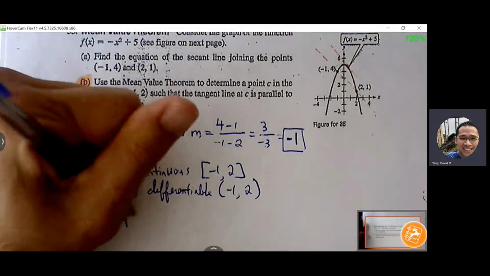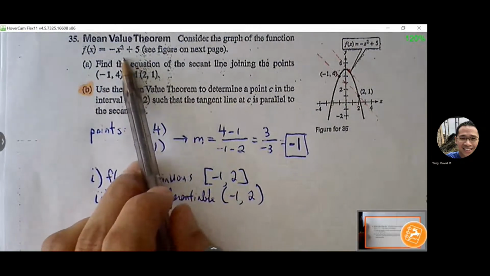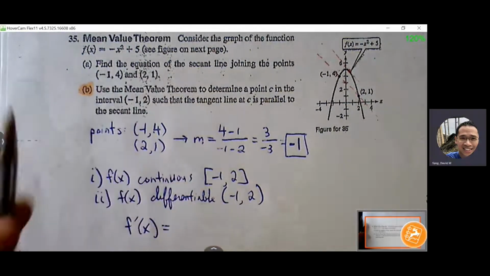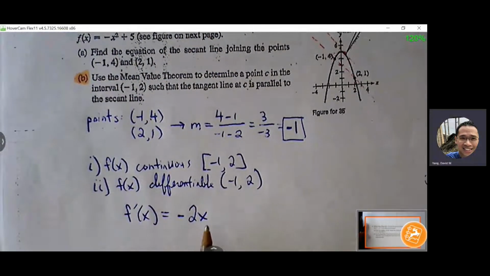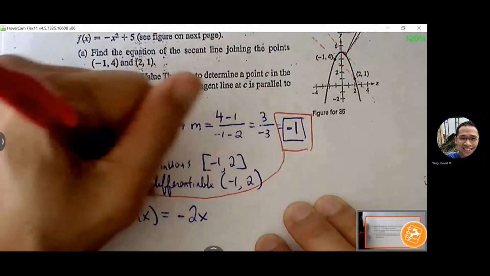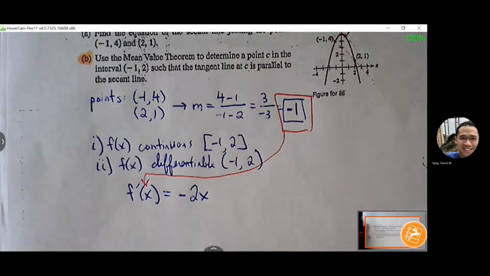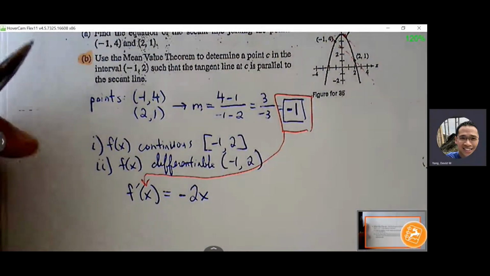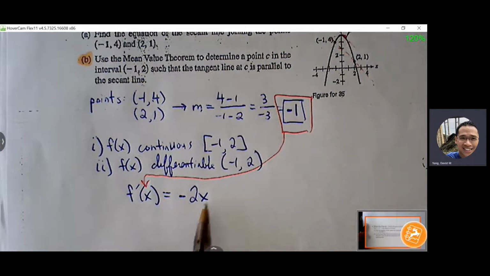So what's f prime? -2x. So we're going to ask the derivative, when is the graph going to have a slope of -1? We're always going to take whatever target slope we find into the derivative and solve for x. We never want to insert the slope into the x, right? Because that's a mismatch.